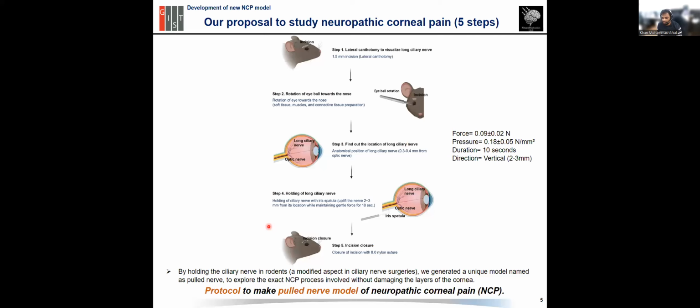So I developed this novel method which I call the pull nerve model of neuropathic corneal pain. By holding the ciliary nerve in rodents, which is a modified aspect of ciliary nerve surgery, we generated a unique model named pull nerve to explore the exact NCP process without damaging any corneal layers.